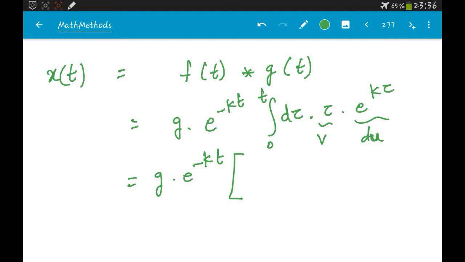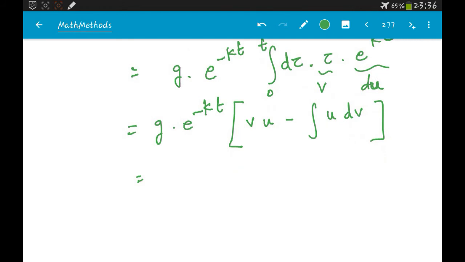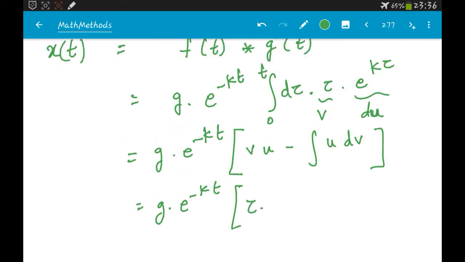so what is the formula for integration by parts? It is v into u minus integral u dv, right? So this is going to be g into e power minus kt. What is v into u? Tau into integration of this.